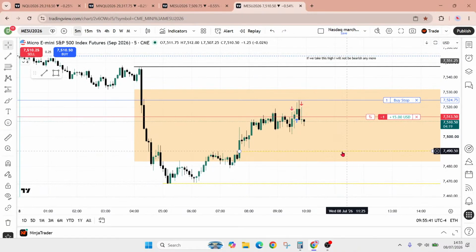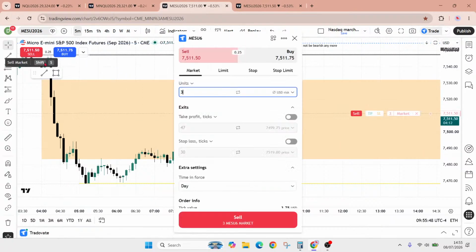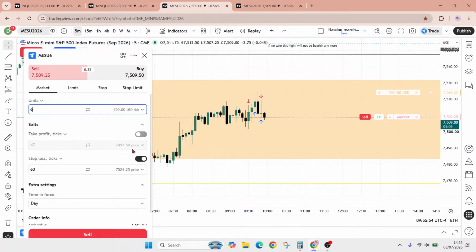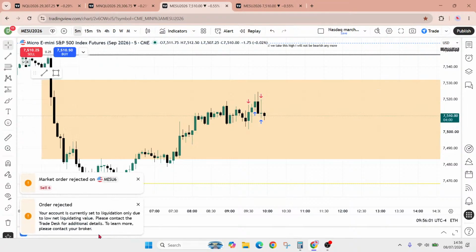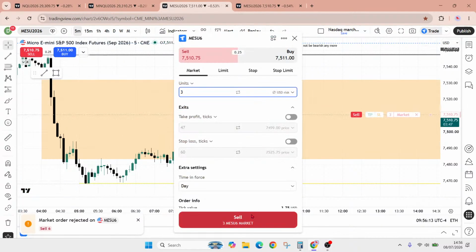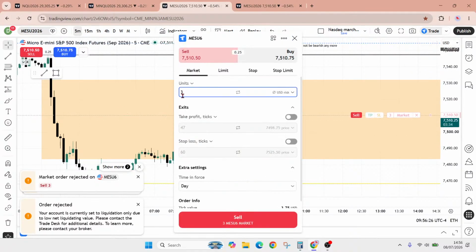Look at this. Okay, if I short now and I put stop loss here. Why rejected? I put 3. If I put 1.